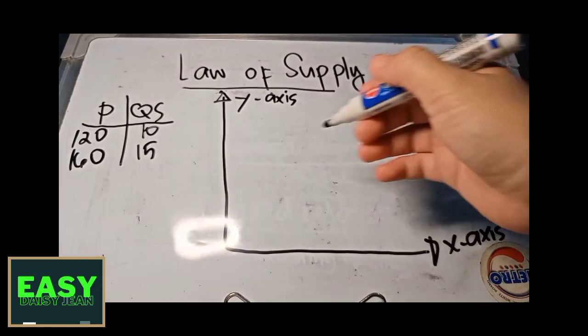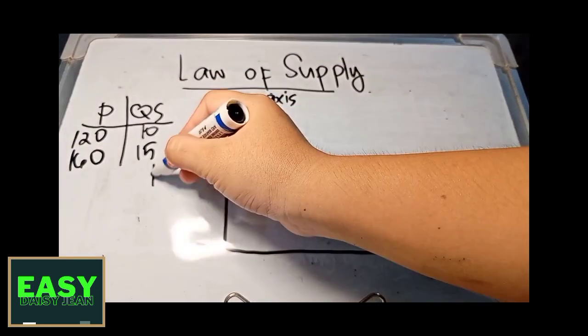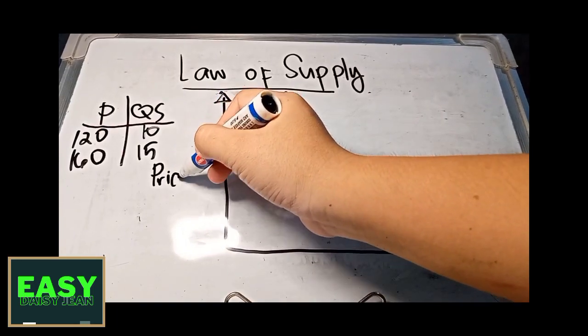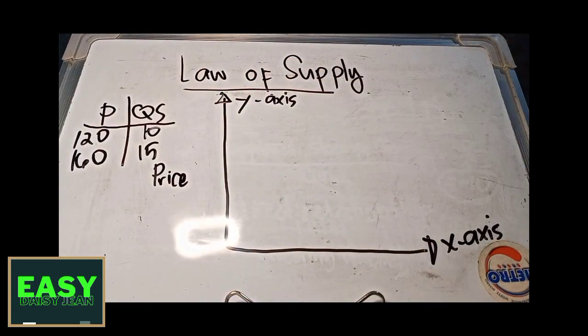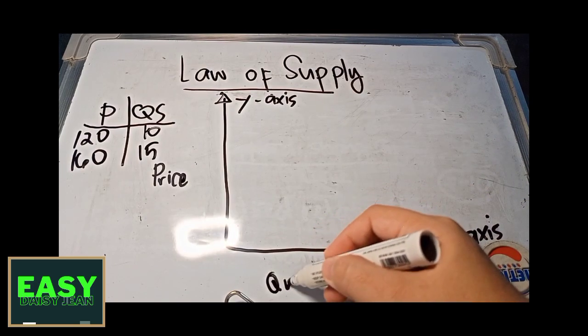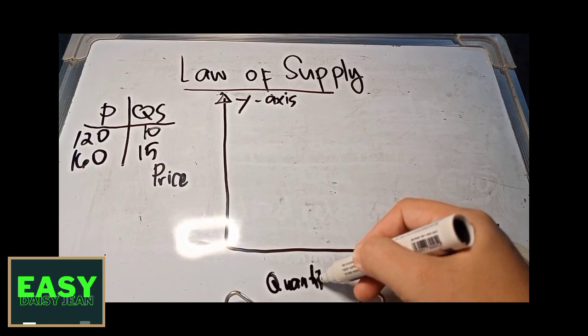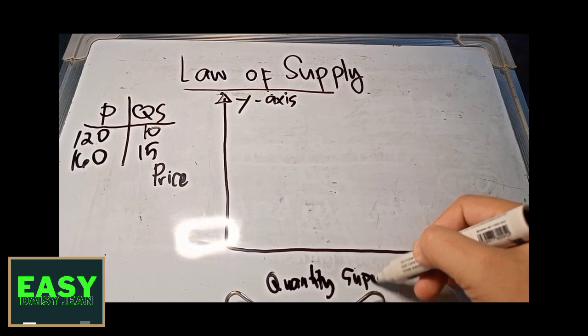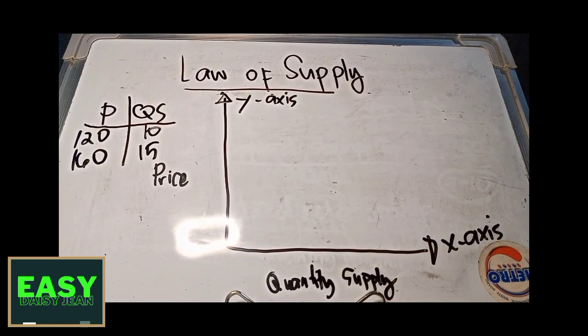In the y-axis, the same as with the demand, you are to put the price. And here on the x-axis, you are to put the quantity supplied, right? So that is your labeling. Do not forget the labels of your graph.